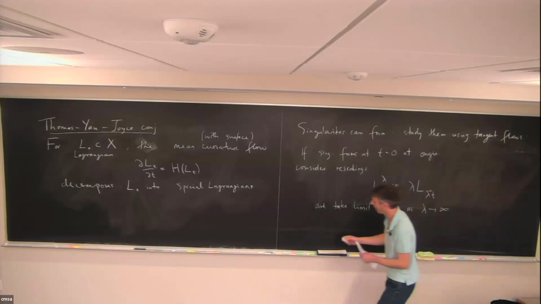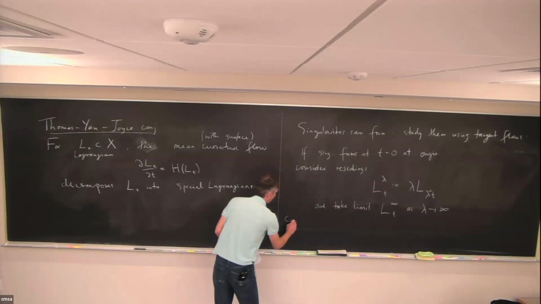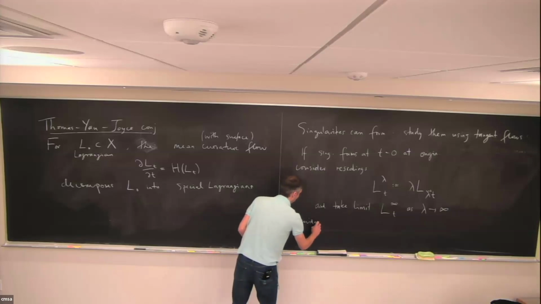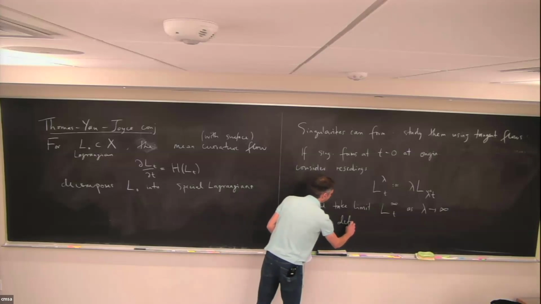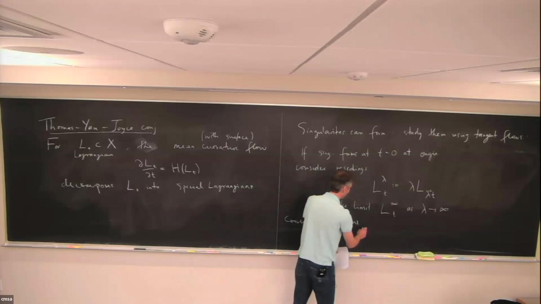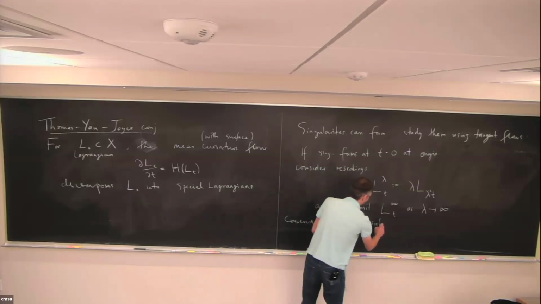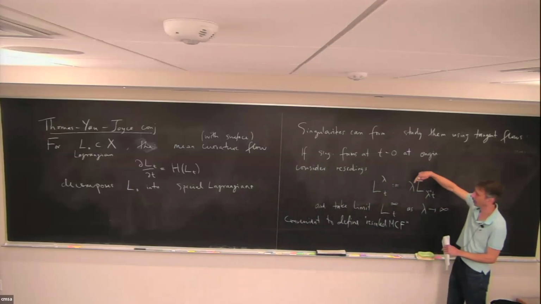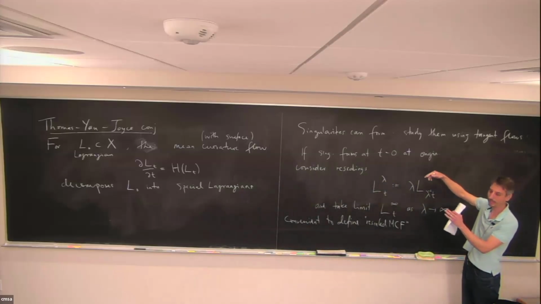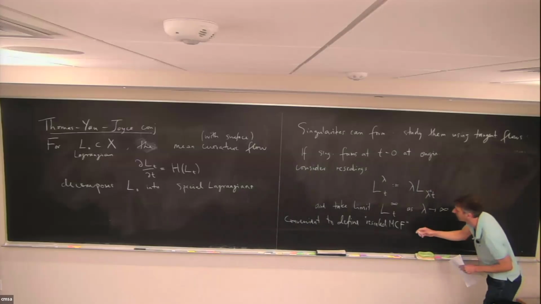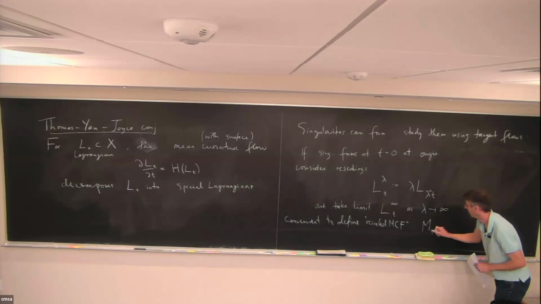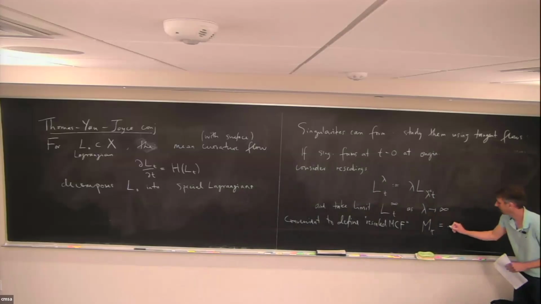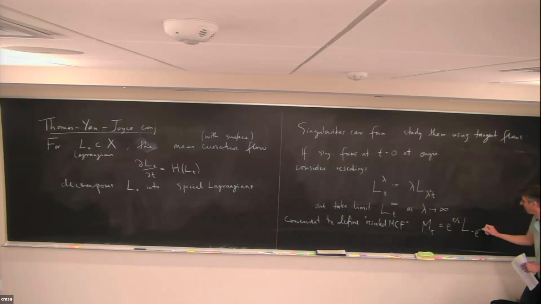For later use, it is convenient to define the so-called rescaled mean curvature flow, which does this rescaling in a continuous way, and you change the time variable to a sort of logarithmic time. So I write it like this: M tau is going to be e to the tau over 2, times L at minus e to the minus tau.